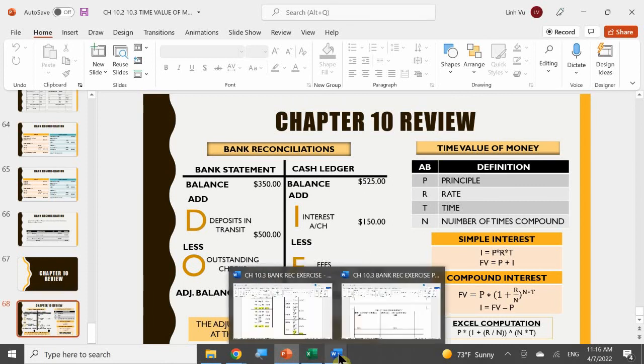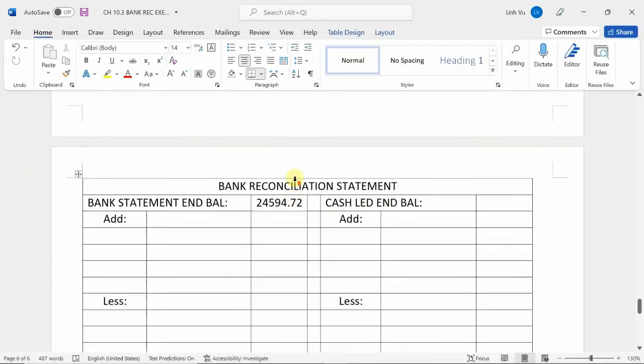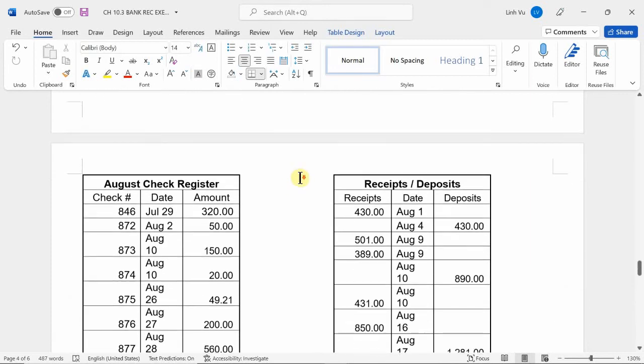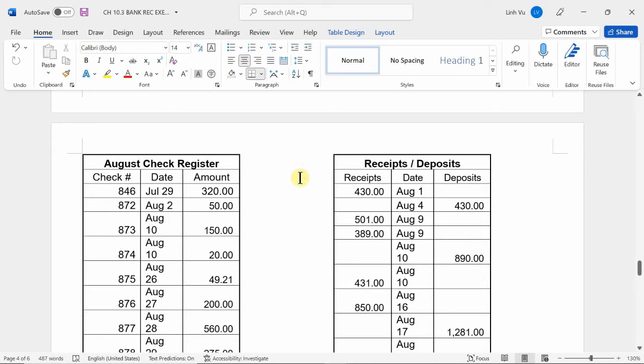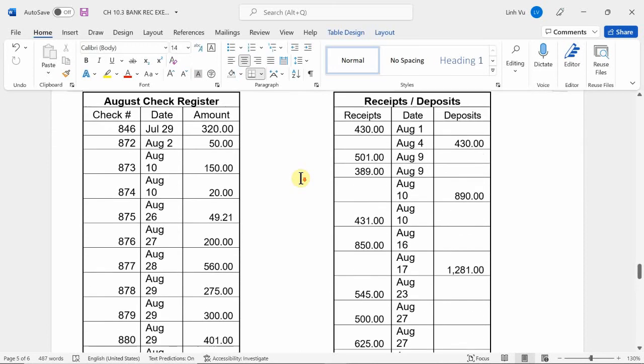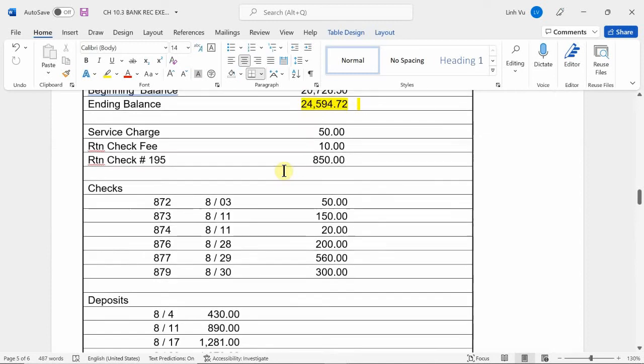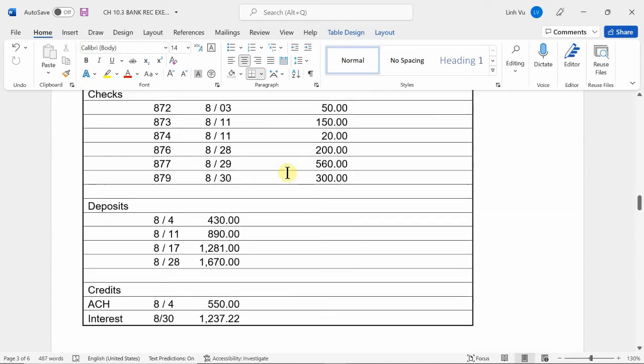Yes. Okay, so here's your deposit slips. And then let's take a look at my bank statement deposits. Which one am I missing?